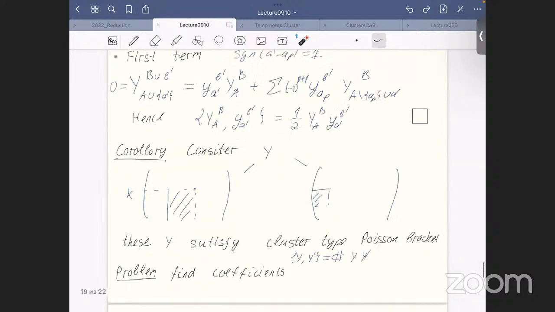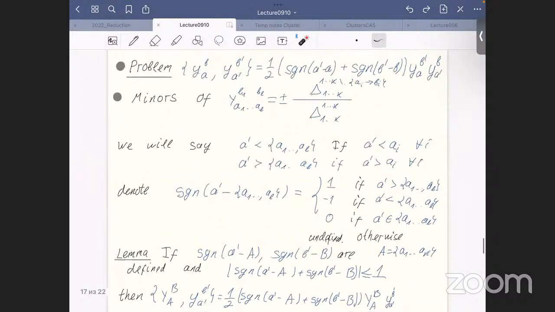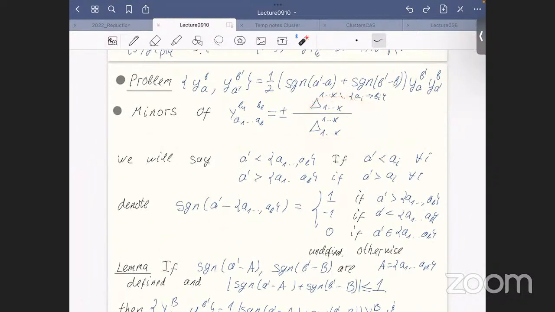And these y's which we have here are also ratios of the Plücker coordinates. So it appears that at the end of the day, they coincide for this particular graph. But in general, I don't know, y's are defined only for this particular graph. For this particular set of minors which we put in the y, they are cluster variables, and this means that they are face variables for a certain Le-diagram graph.